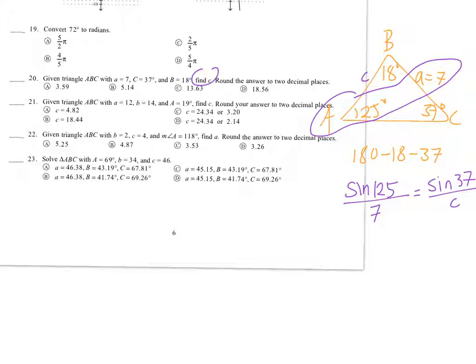Doing this out, we've got sine of 125 divided by 7, 0.1141.